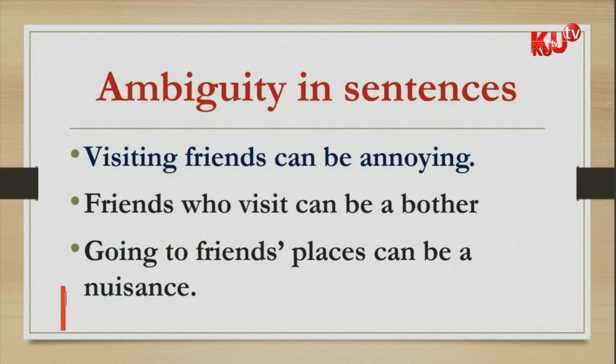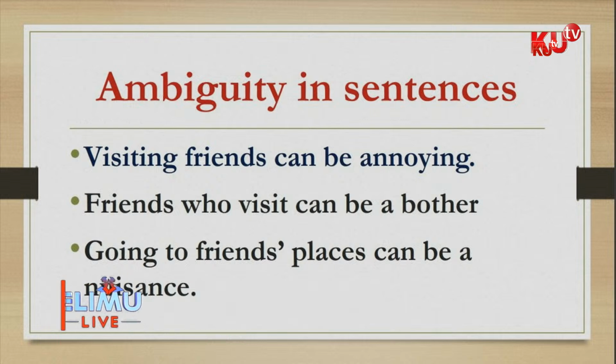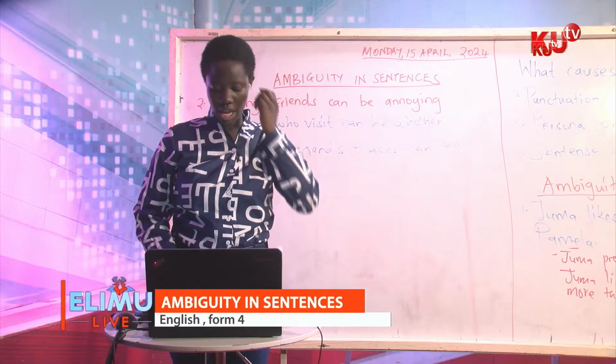Then the second meaning is going to friends' places. Going to friends' places can be a nuisance. So these are the two possible meanings of the statement, visiting friends can be annoying.